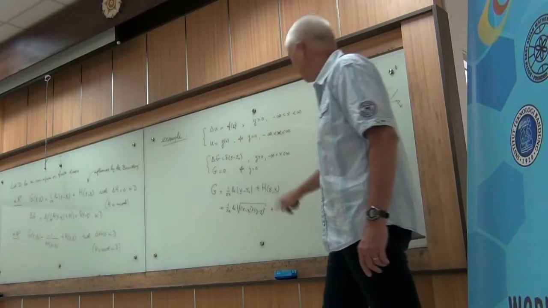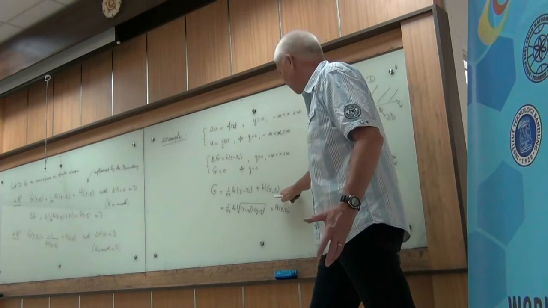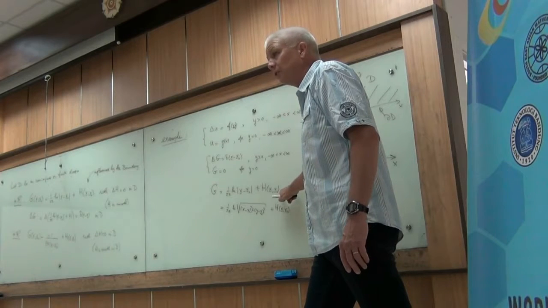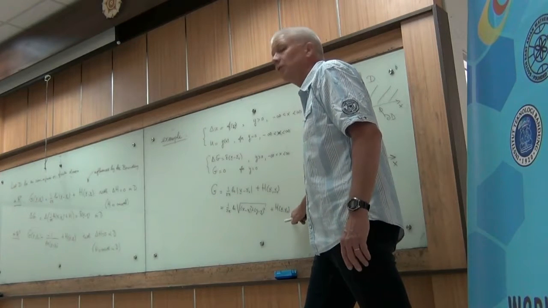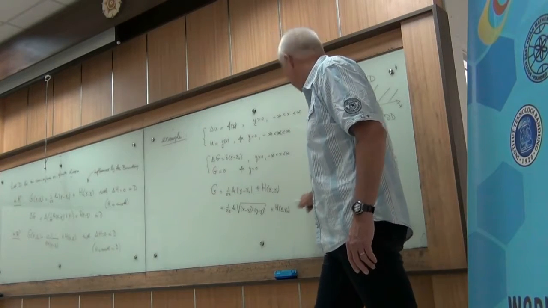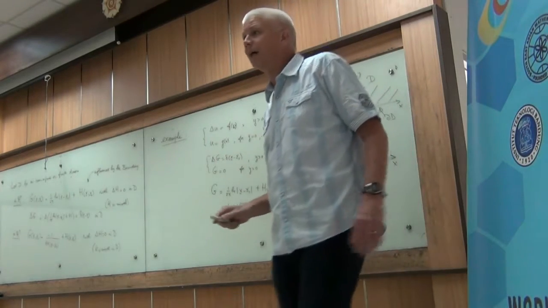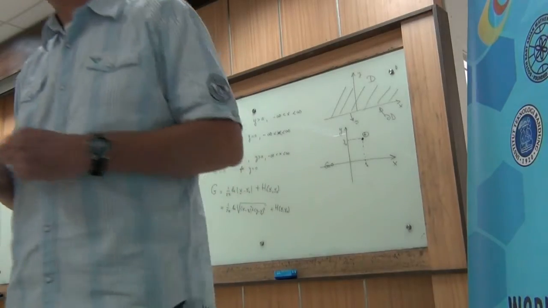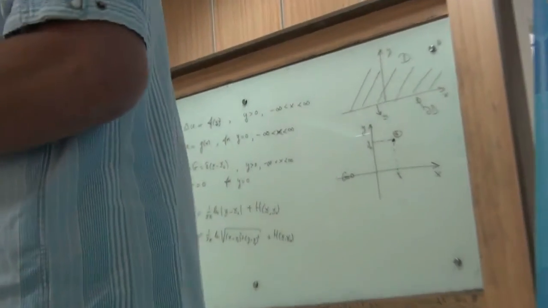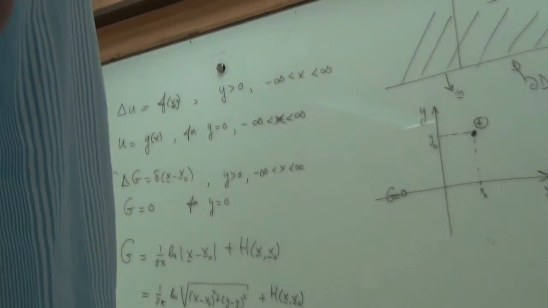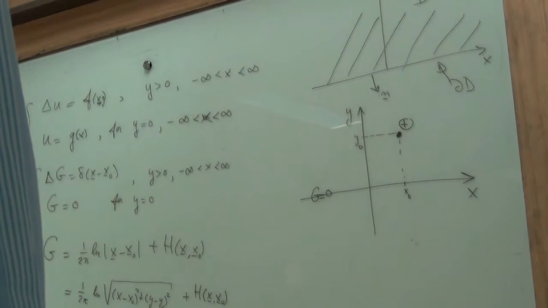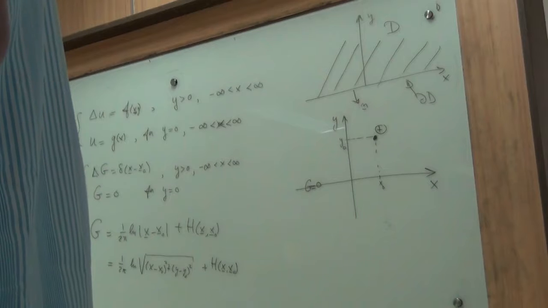I have to determine h such that if I make that choice, then for y equal to 0, this function in total becomes 0 on y is 0. Anyone an idea how to do that? And now the physics is going to help you.